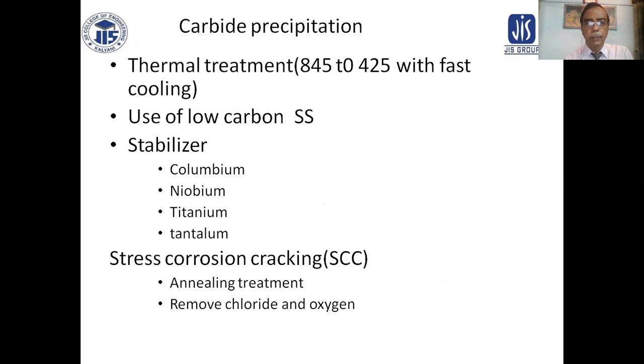Carbide precipitation: thermal treatment 845 to 425 with fast cooling, use of low carbon stainless steel, that is 0.08 or 0.04, 0.03, stabilizers chromium, niobium, titanium, tantalum, columbium. Stress corrosion cracking: annealing treatment, remove chloride and oxygen.